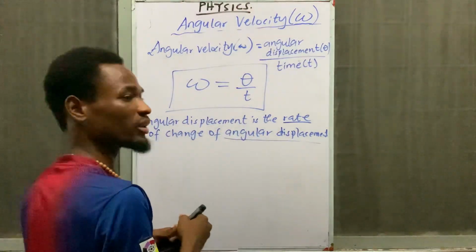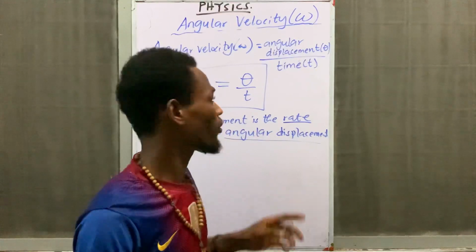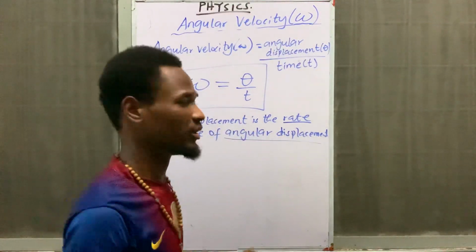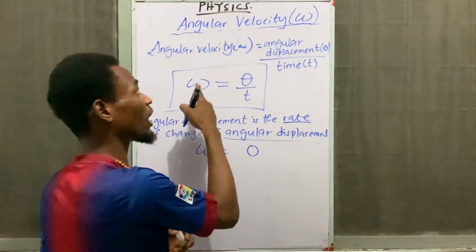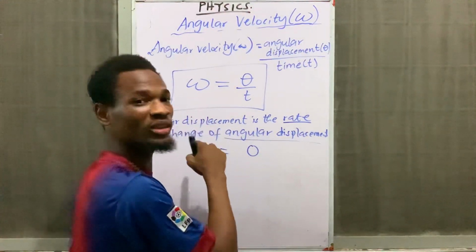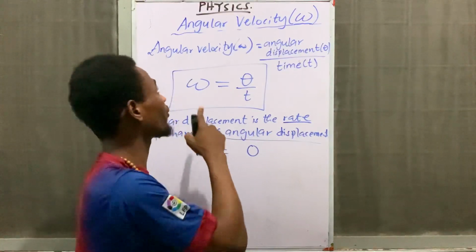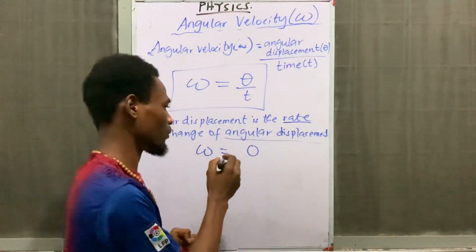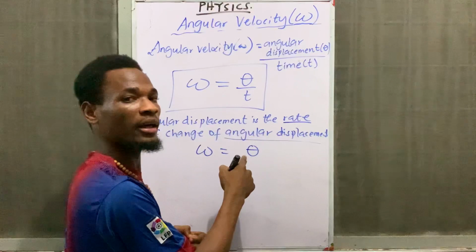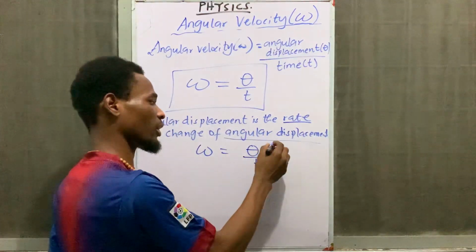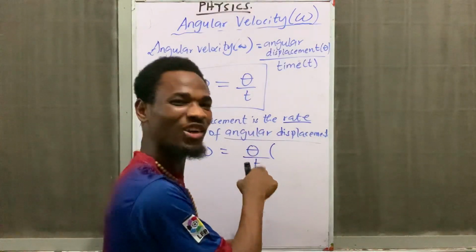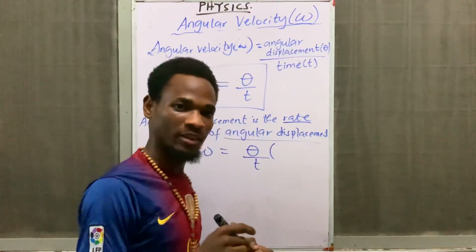Now, let's deduce the unit for angular velocity. Let's deduce the SI unit for angular velocity, omega. Angular velocity is the angular displacement per time. What is the SI unit for angular displacement?